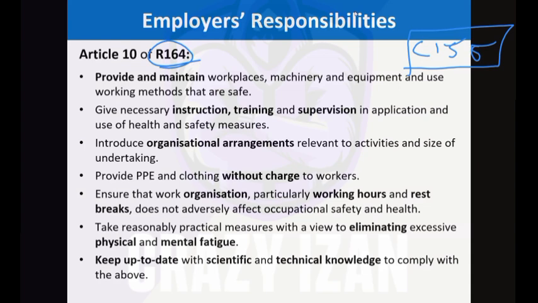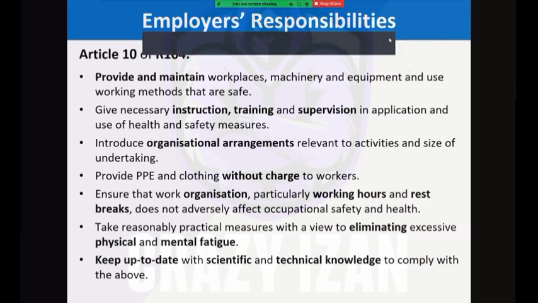Okay, so ILO recommendation R-164, it is expanded under Article 10 and it shows the further detailed responsibilities of the employer. So Article 10 of R-164 states that the employer is responsible to provide and maintain workplace machinery and equipment and use safe working methods.